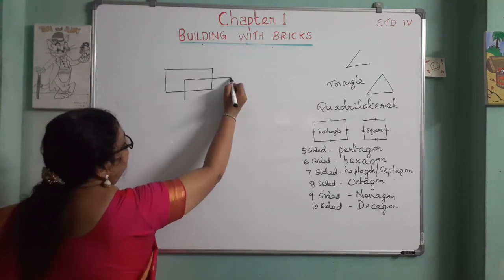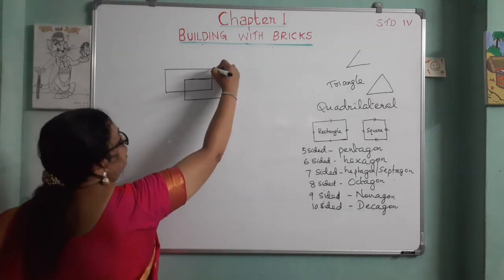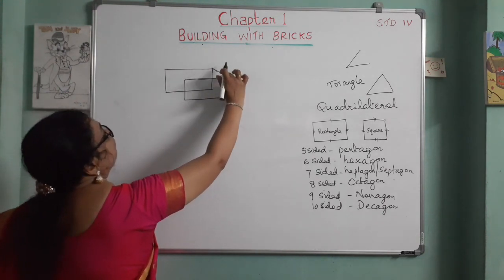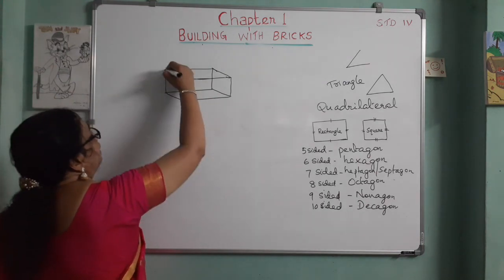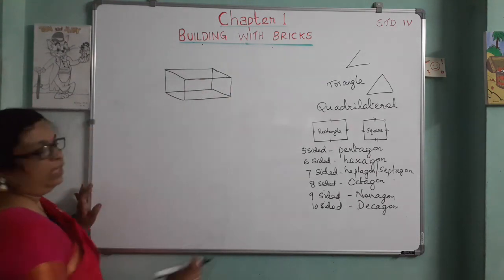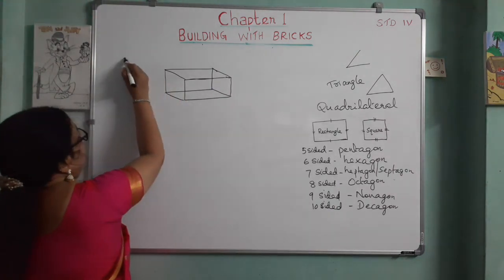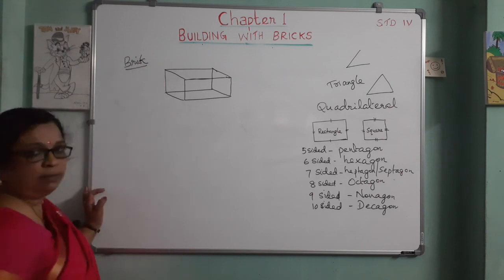Then joining this length and joining these dots, these 2 dots and here and here. Now I get a shape of a brick. This is a shape of a brick.